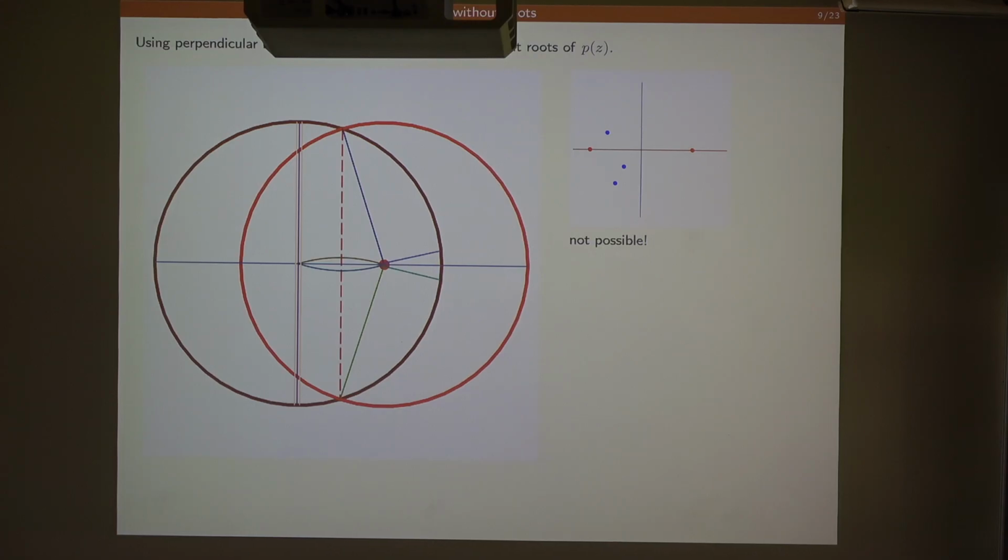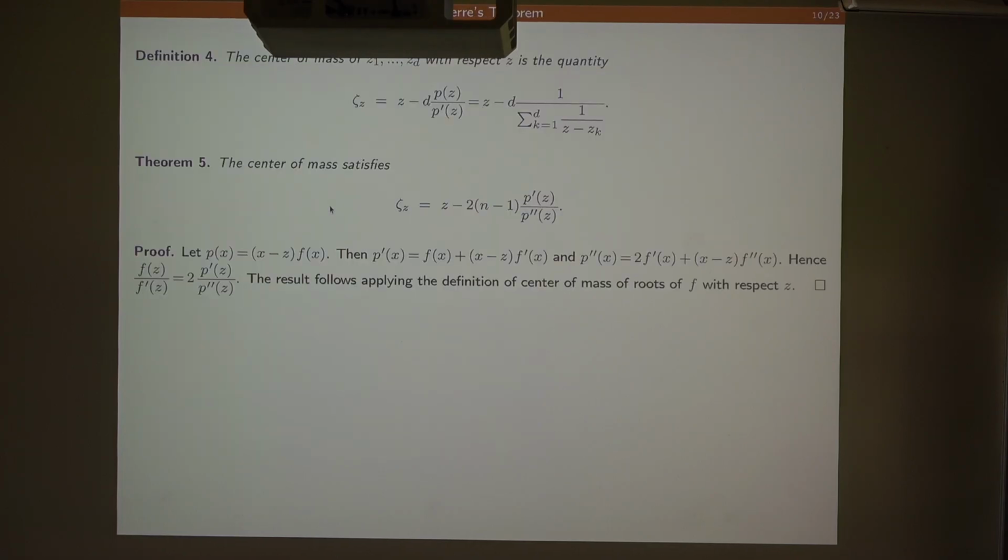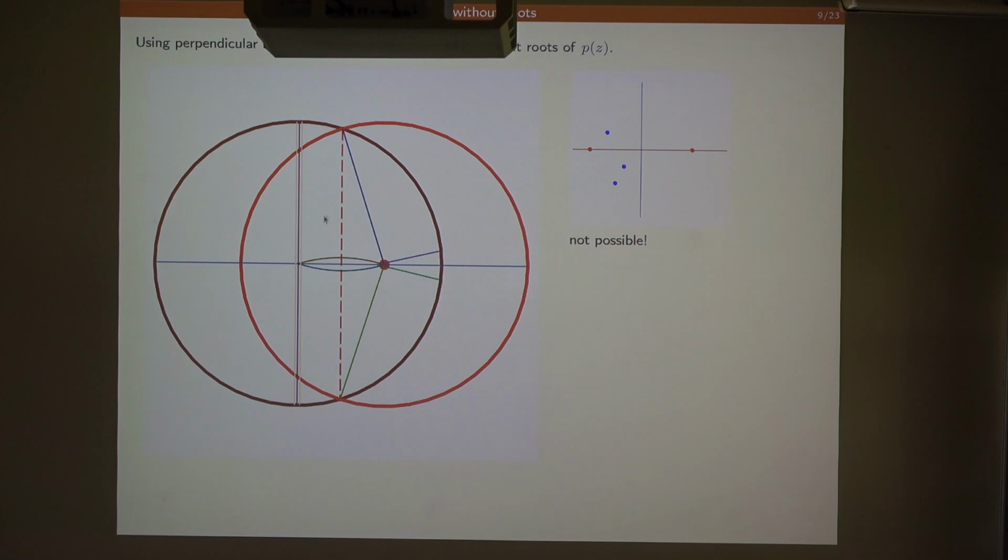Okay. Consequently, if the roots of the derivative are in the lune, in this set, you have roots perhaps of P, but not in this set and not in this set.